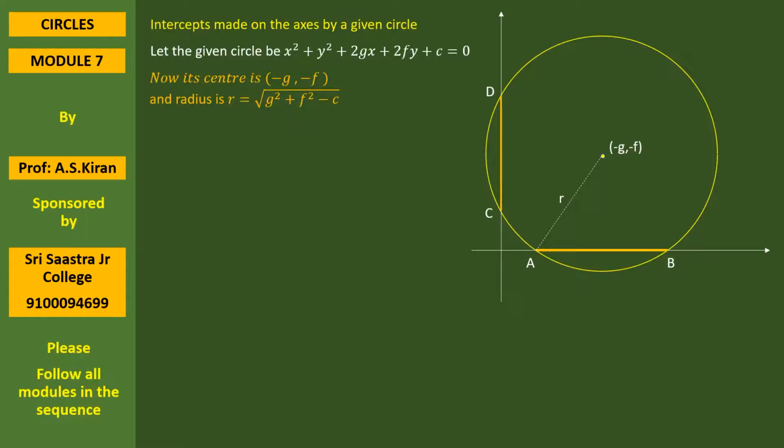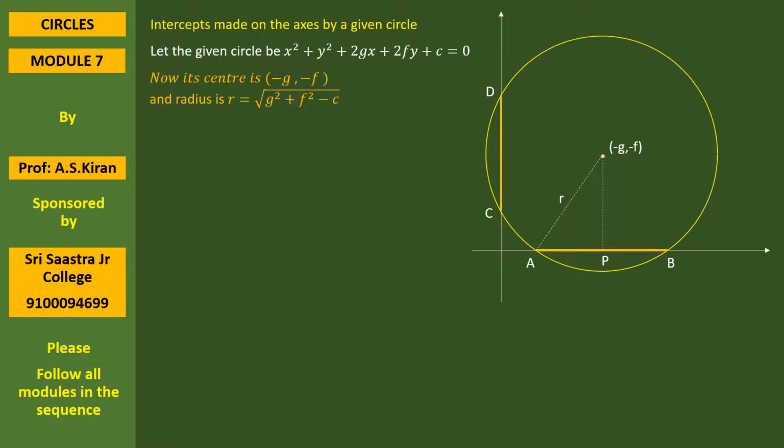To find their lengths, let us follow the calculation. To find AB, please drop a perpendicular from the center. The foot of the perpendicular is P. Please remember P is the midpoint of AB.